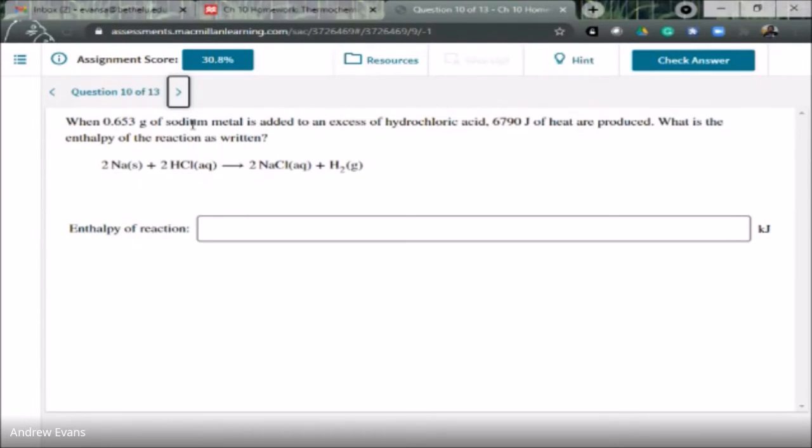So 2 Na plus 2 HCl gives 2 NaCl and H2. If 0.653 grams of Na gives you 6790 joules, they're wanting to know how many kilojoules 2 moles would give you.